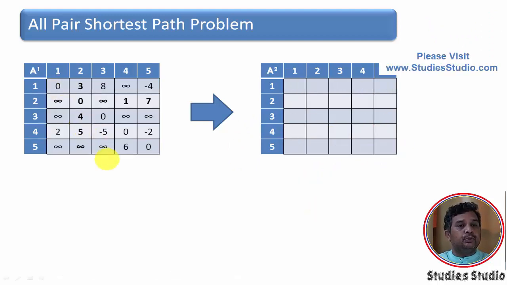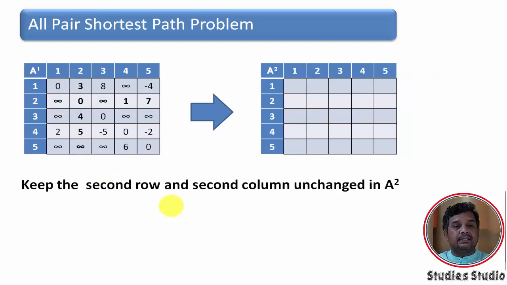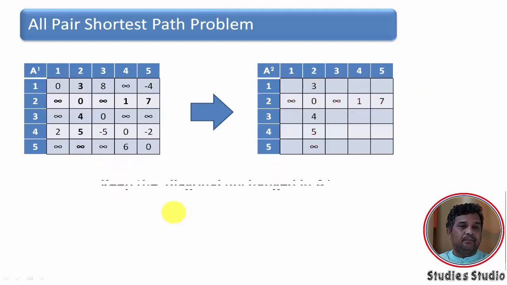Now I am going to use A1 and find the value of A2. Here what I am going to do? I am going to keep the second row and second column fixed or unchanged. It means all my paths are supposed to pass through the second vertex. So here the second row and second column, I am going to write as it is.